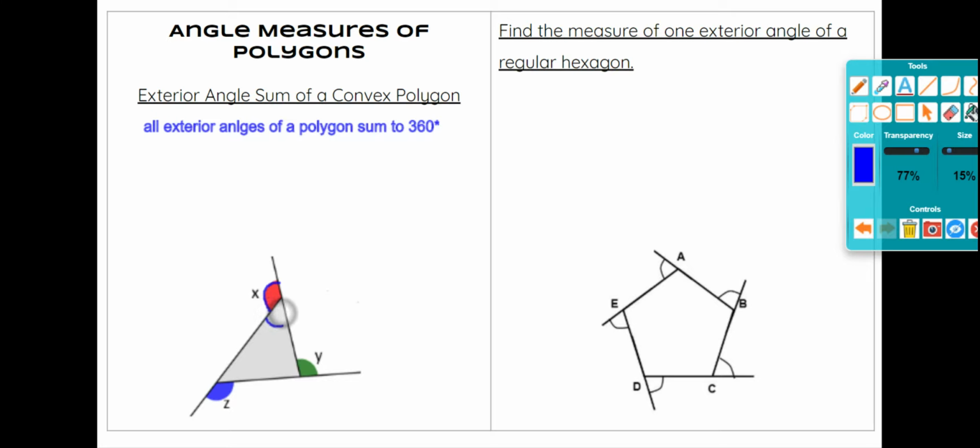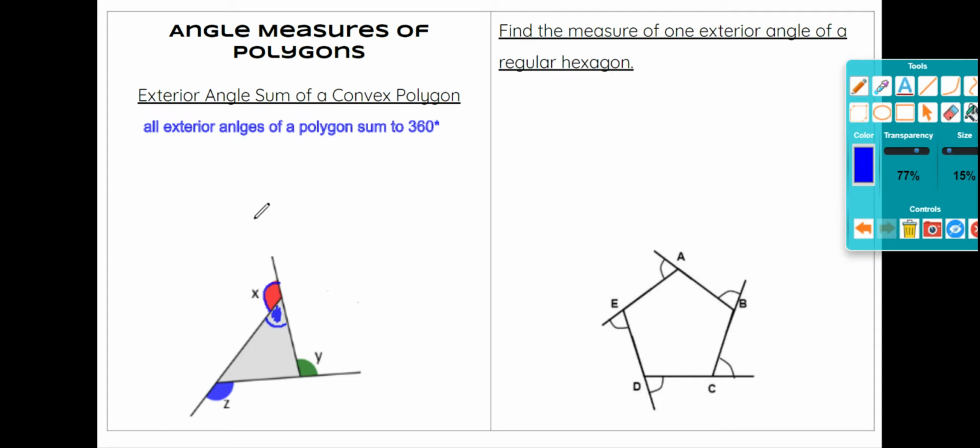So that would be a linear pair with here. So if we knew the inside of this angle, we could solve for x. And if we added x and we added z and we added y, then that would give us a total of 360 degrees. Or if we knew parts of it, we could solve for other parts of it.